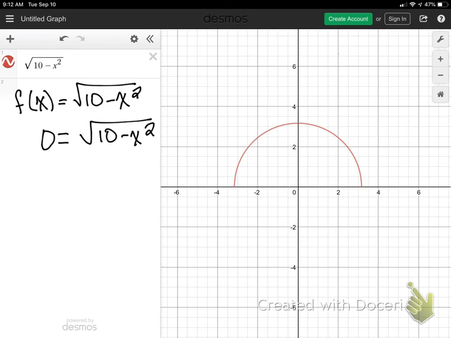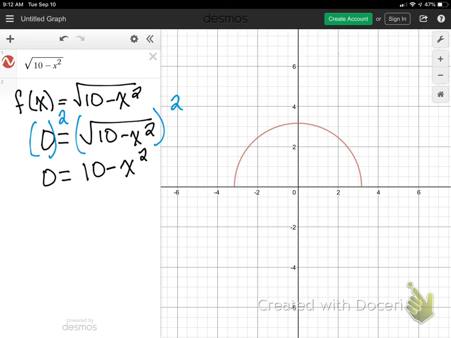You're close. You square. Yeah, you square both sides. So I am going to square my 0, and I'm going to square this. So I end up with 0 equals 10 minus x squared. Okay?